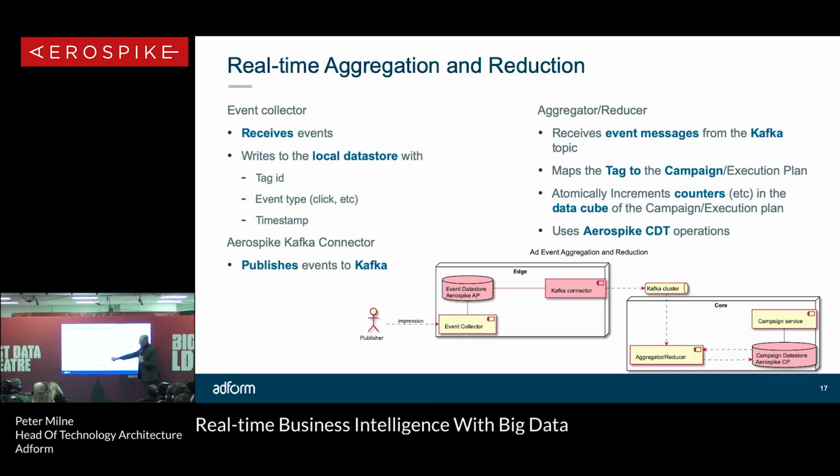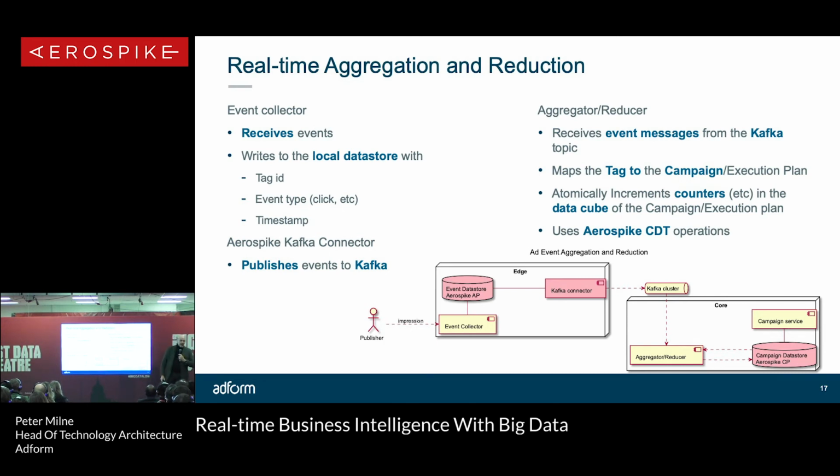Using the Kafka connector that comes with Aerospike, at some time after the event is stored, you suck those events out of the database and you put them into a small Kafka cluster. Small, meaning that if you have an event data store, to be distinct from the product, you can have a smaller Kafka cluster.